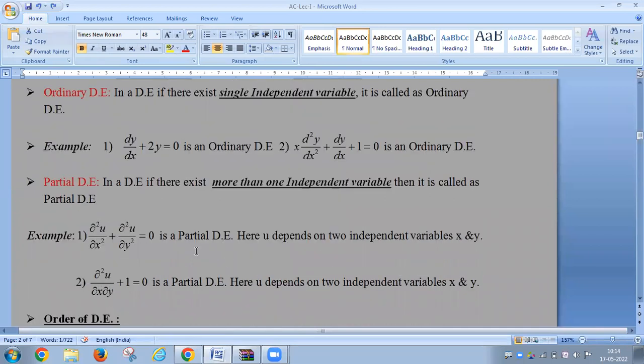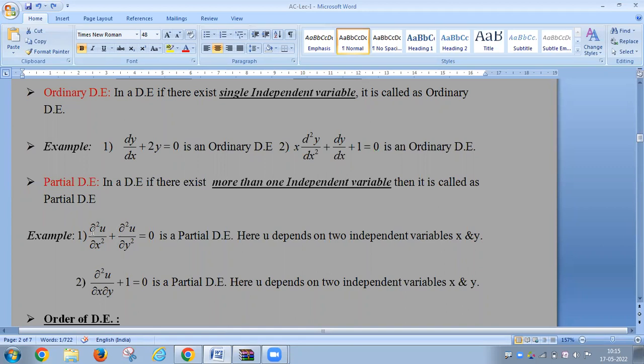Similarly, consider this equation: dou square u by dou x square plus dou square u by dou y square equal to 0. If you observe, here there are two independent variables, x and y. There is only one dependent variable here, u. u is the dependent variable. x and y are the independent variables. So you use partial derivatives here because there are two independent variables.